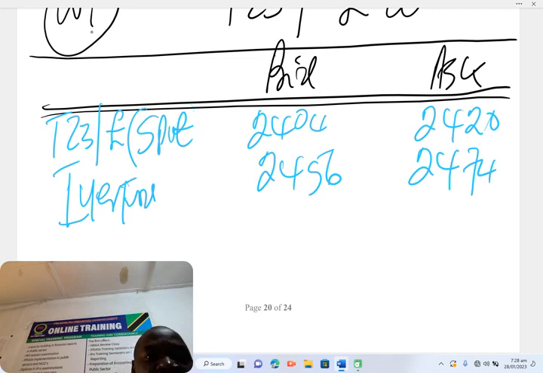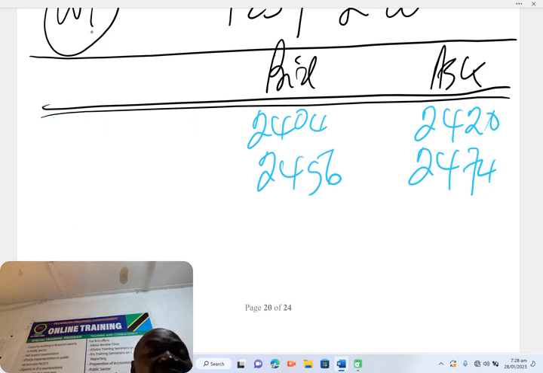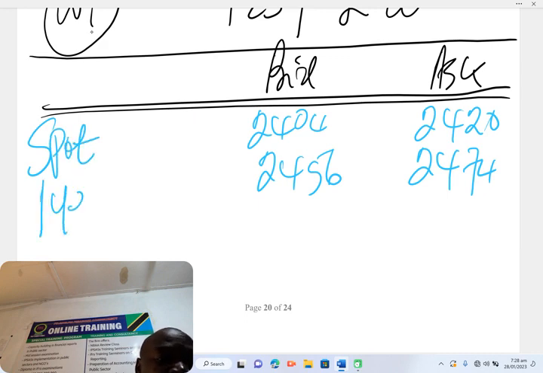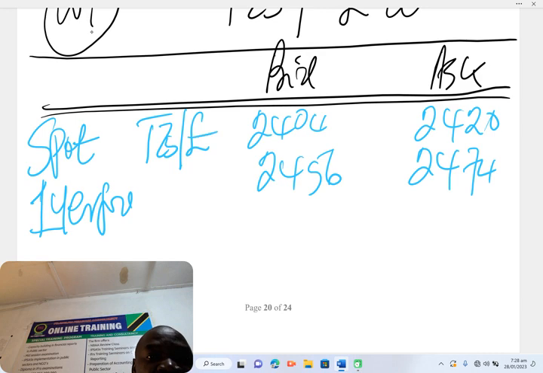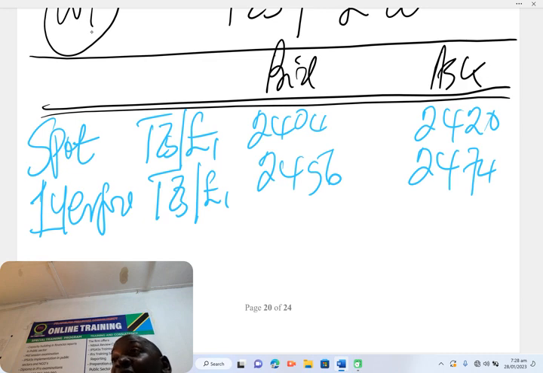So what is clear? We have spot, then we have 1 year forward. And this transaction is TZS stroke pound. Pound is the trading currency. TZS stroke pound. Any problem there? No problem, isn't it? Okay. So that's enough for you.